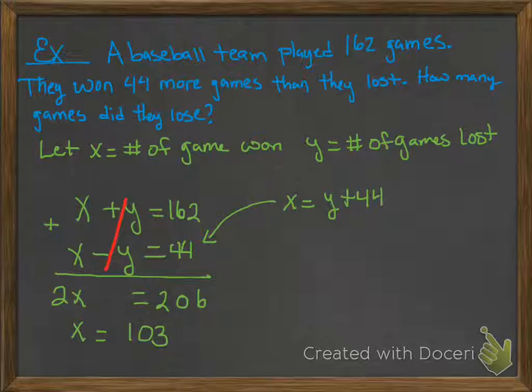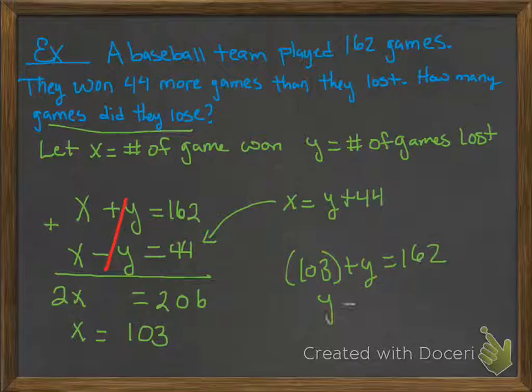But x means the number of games they won, and I want to know how many games they lost. So I'm going to plug it in: 103 plus y is equal to 162. So y is equal to 162 minus 103. That's going to be 59. So they lost 59 games.